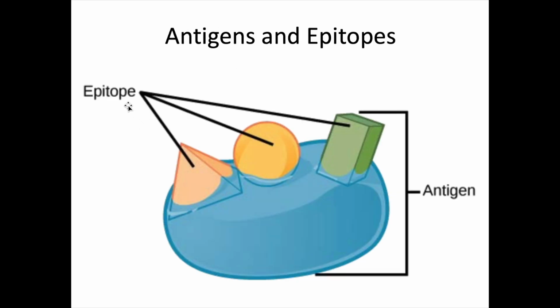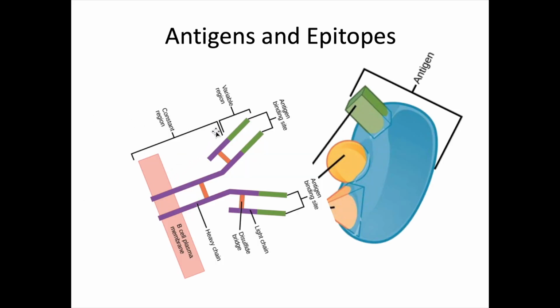That specific structural region is called an epitope. So here's our generic protein antigen, but on this, there are all these structural regions called epitopes. And here we crudely rotated this antibody and see it binding to the pyramid epitope of this antigen.